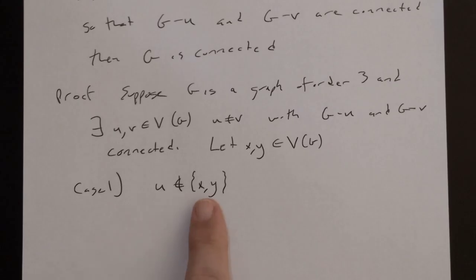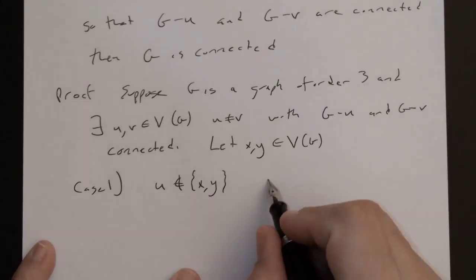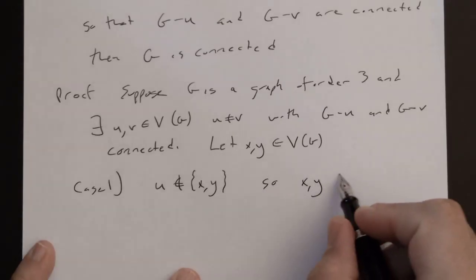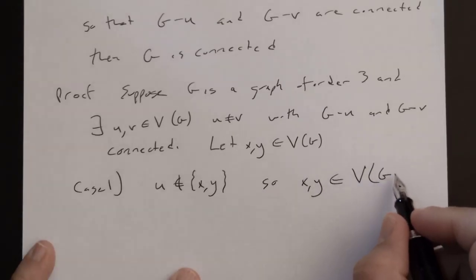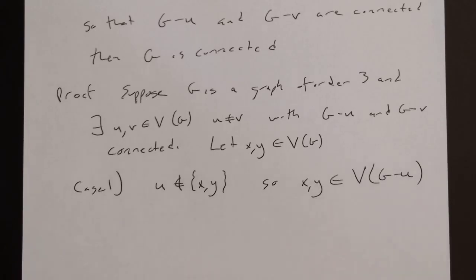Because I didn't pick U as one of these. So if I take away U, I still have both X and Y, right?